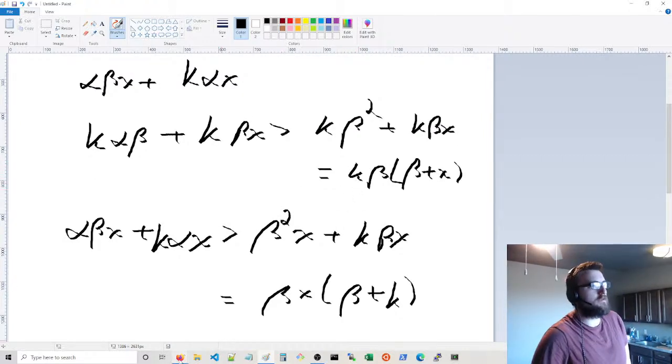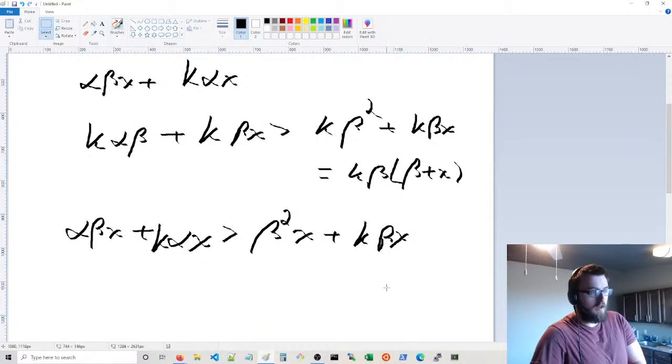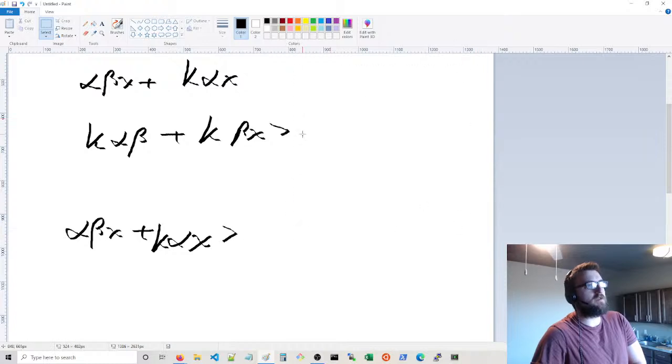Yeah, these are similar to each other. You can eliminate at least the beta term in both of these when you compare them. But k beta plus x and x beta plus k, how are they related to each other? What we want to say is that one of these is larger than the other. It's always larger than the other. That's what I want to say.